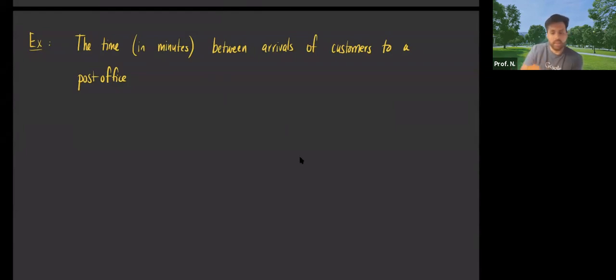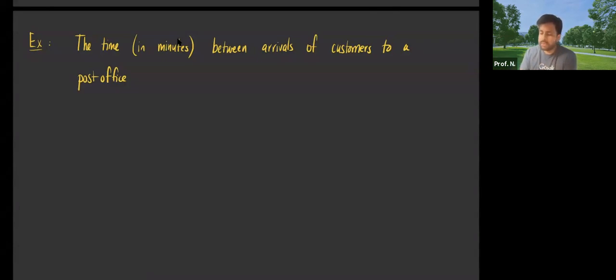Poisson was the number of customers within a time frame, like the number of people that enter a post office within an hour. But now we're not considering the number of customers, we're considering the time it takes for a customer to arrive. So that's exponentially distributed. The number of customers entering a store within a time frame, that's Poisson. I just wanted to make that connection there.